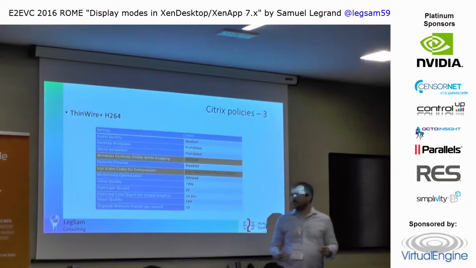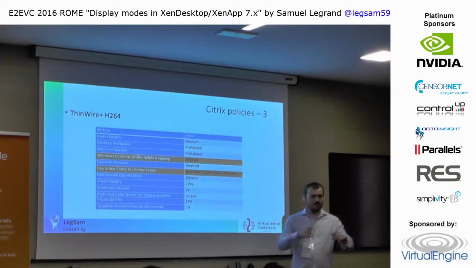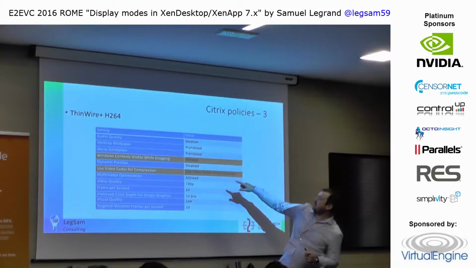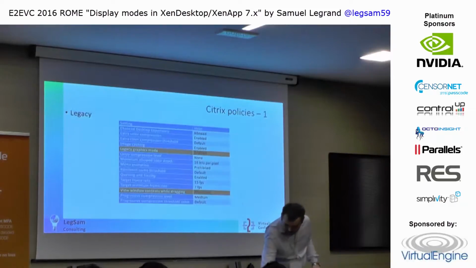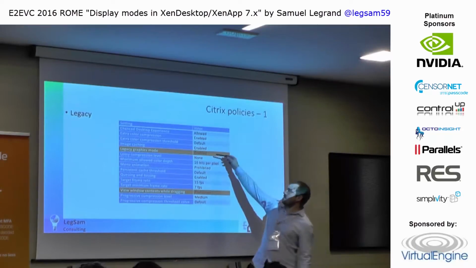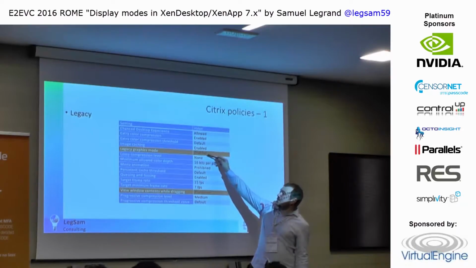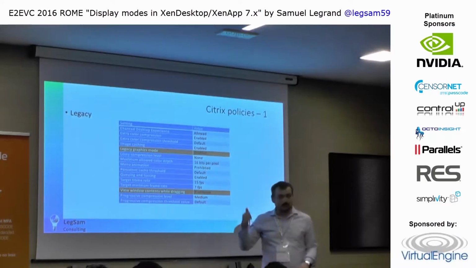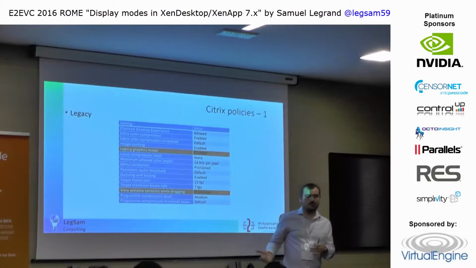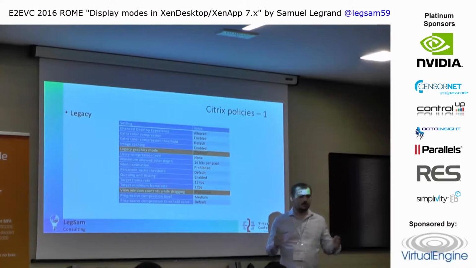It's a lot of testing to find the correct settings, because if you set, for example, this one, legacy graphic mode, at enable, a lot of the other policies don't work, but it was not documented at the moment I performed the test, so we tried hundreds of solutions.